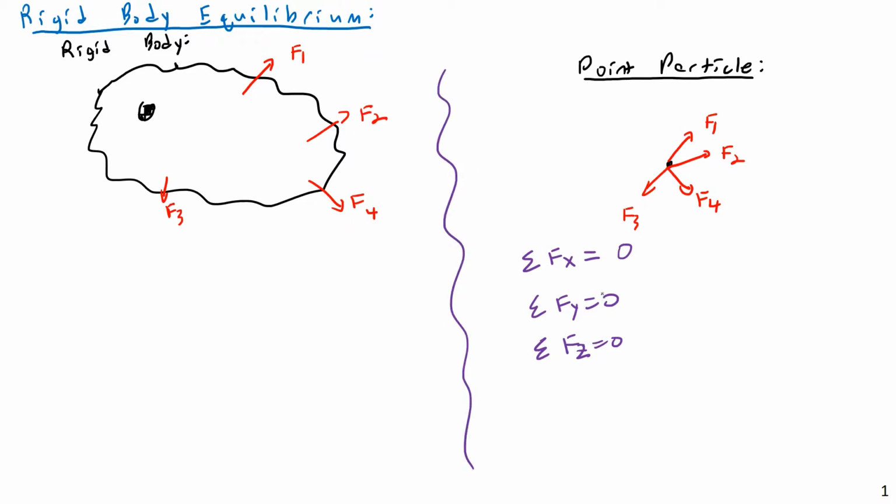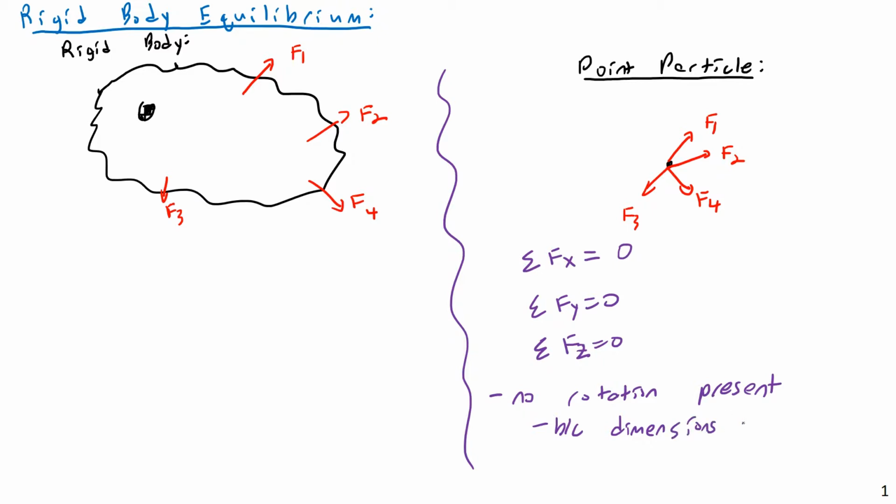And that's good enough for a point particle, but again, the defining feature for a point particle is that it has no dimensions. As we remember from our earliest lectures in this course, the defining feature of a point particle is that it has no rotation. No rotation present. Thus, we are only concerned with translation. Or I should probably say no rotation is present because dimensions are 0. If you have no dimensions, you have no moment arms.